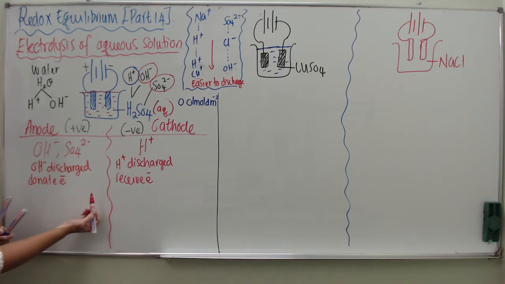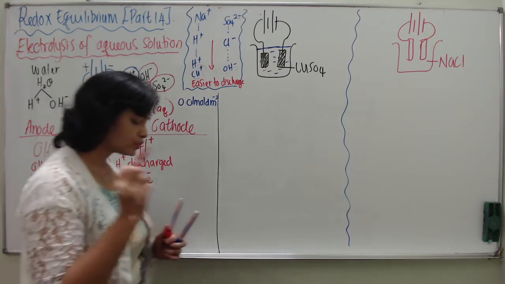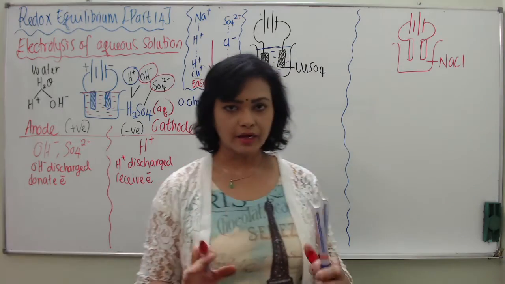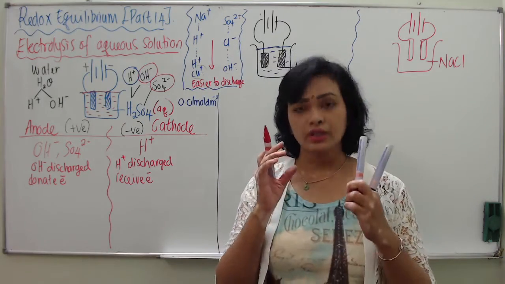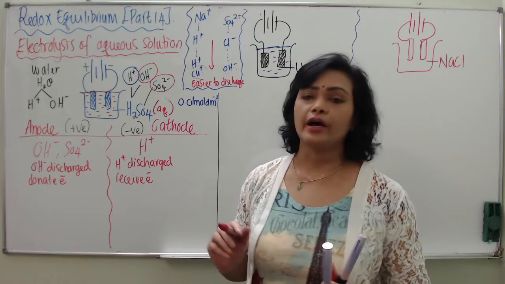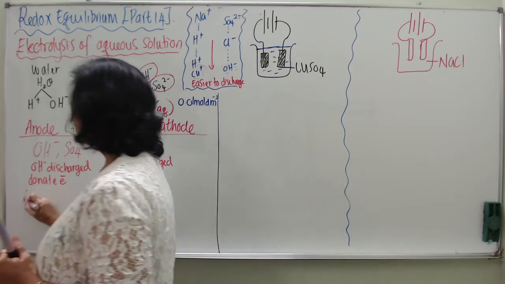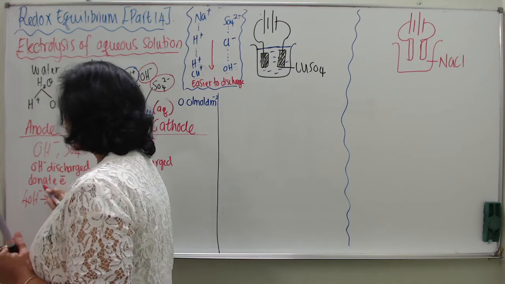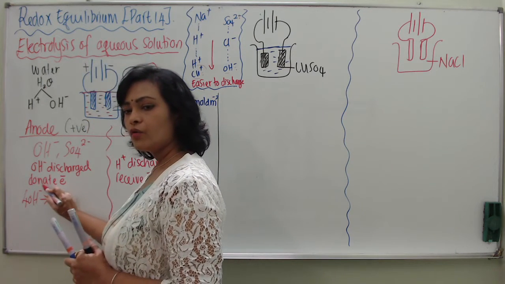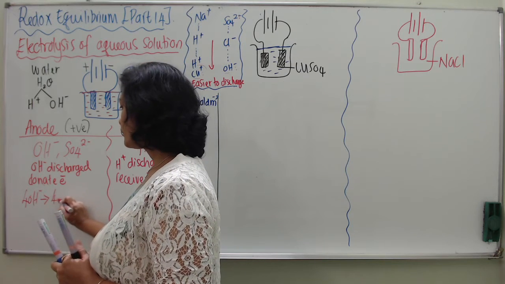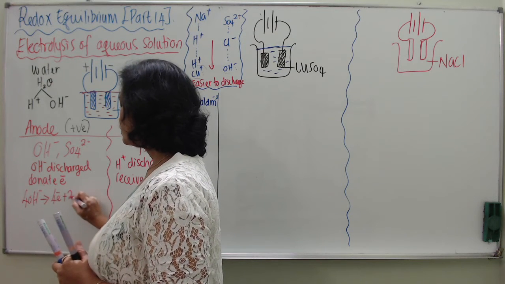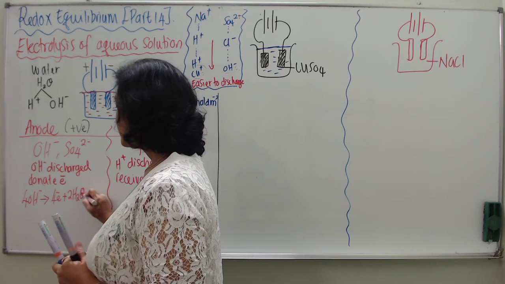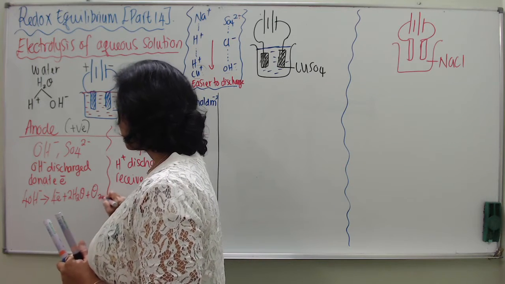Please look at here properly. Students are supposed to know this by heart, on how to discharge hydroxide ion. 4 hydroxide ions will donate, mark my word, 4 electrons to become water and oxygen gas.